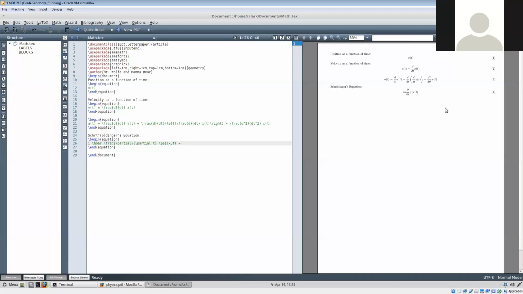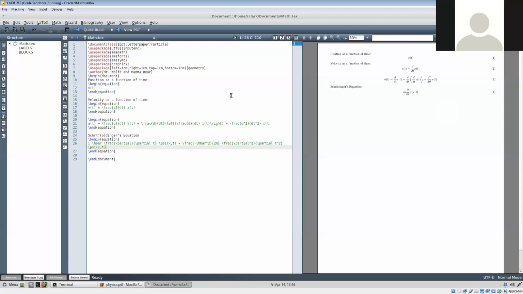The right side is negative h bar squared over 2m, and then the second derivative with respect to x. So this should be a fraction with a partial raised to the 2nd power, partial x raised to the 2nd power, psi of x and t.